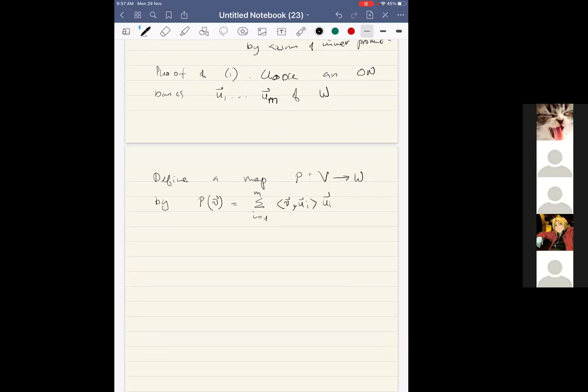So this is a linear map from V to W. So we have v equal to v minus the sum of the inner product of v with ui times ui, plus the sum for i equal to 1 to m of the inner product of v with ui times ui. This last part belongs to W. And the claim is that the first part belongs to W perp.